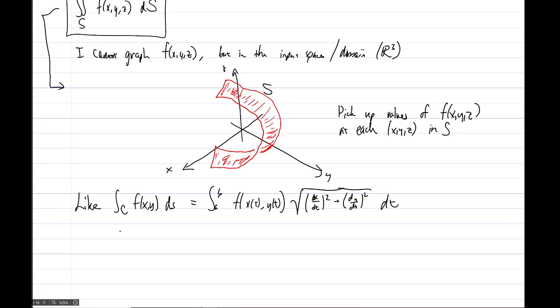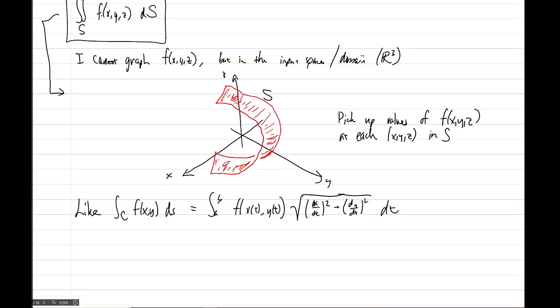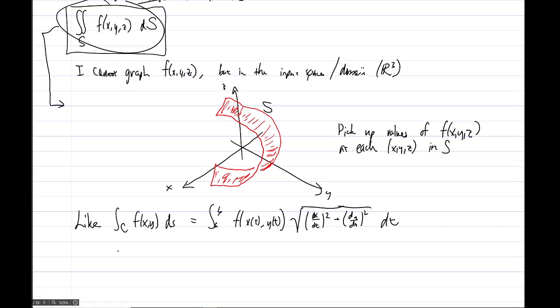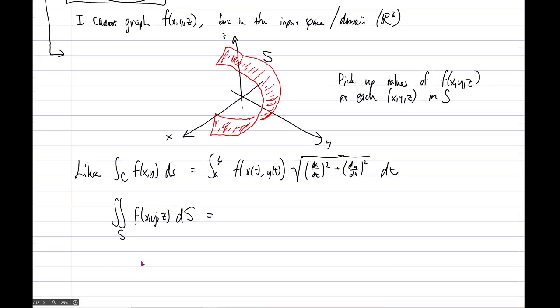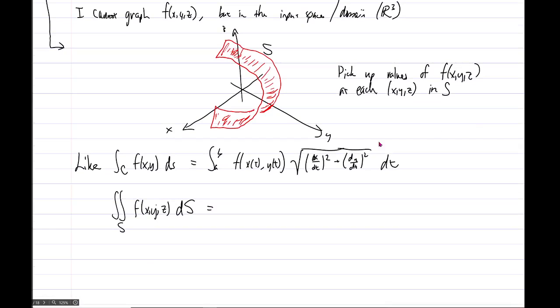Just like this, the integral that we are talking about up here, the double integral over the surface S of f of x comma y comma z dS, is going to end up becoming a thing that looks like this.